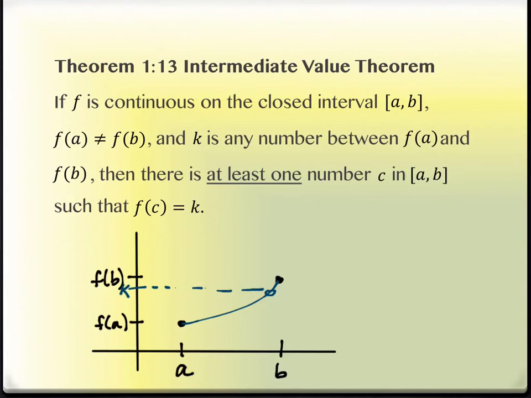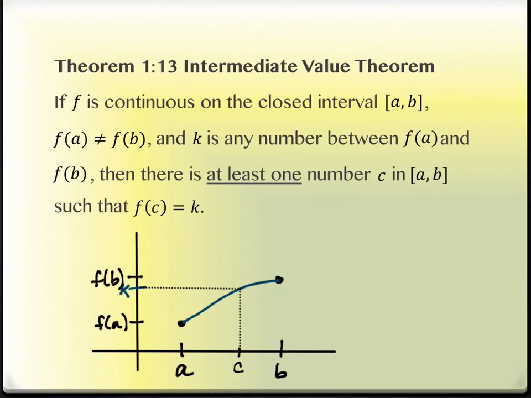There has to be some location where I pass through that height of k. And that location down here on the x-axis is what they're calling c.